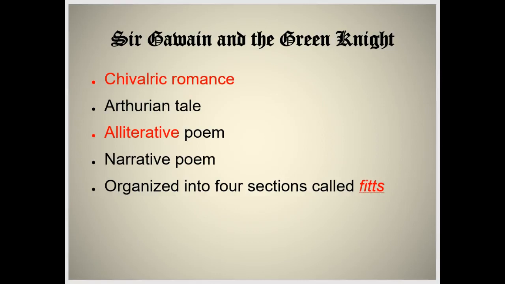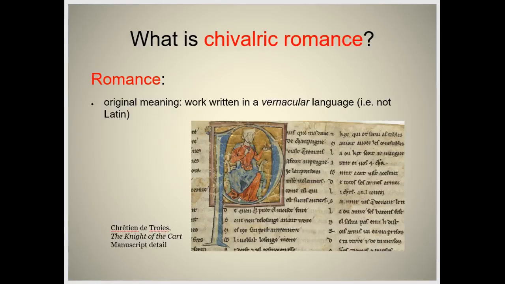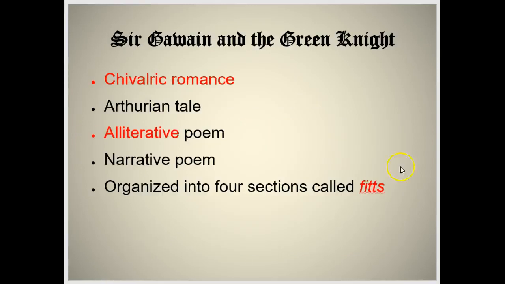Beowulf is actually divided into 3 fits, and Sir Gawain and the Green Knight is divided into 4 fits. The fit is just a term that's used in Anglo-Saxon and Middle English poetry to describe the narrative sections, almost like chapters of an alliterative narrative poem.